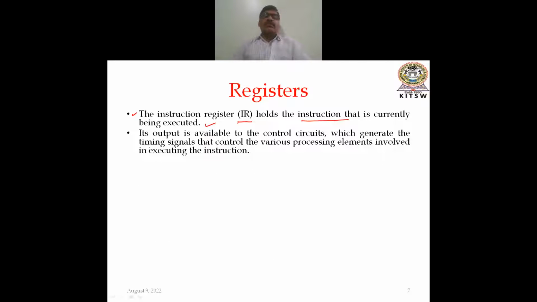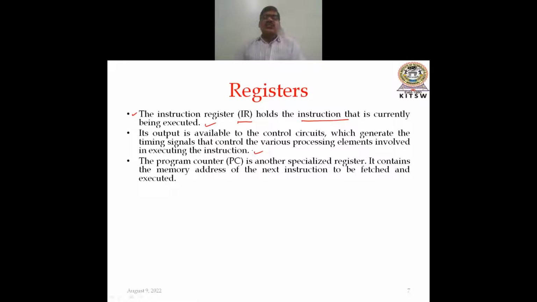Its output is available to the control unit, which generates the timing signals that control the various processing elements involved in executing the instruction. We will see how the instruction execution cycle works in the coming topics. The second important register is the program counter register.